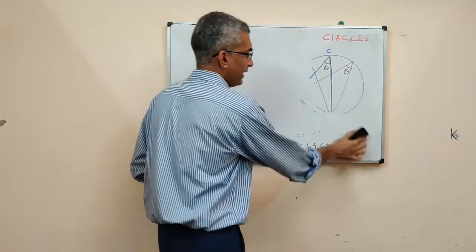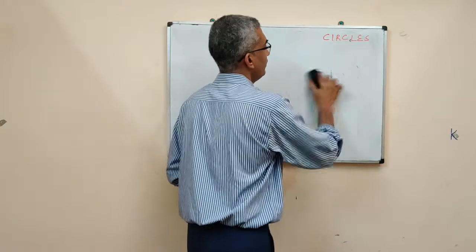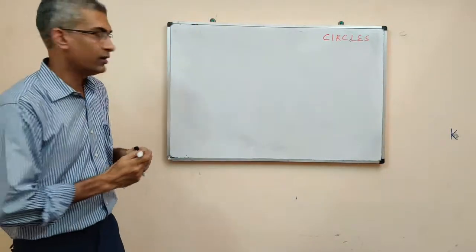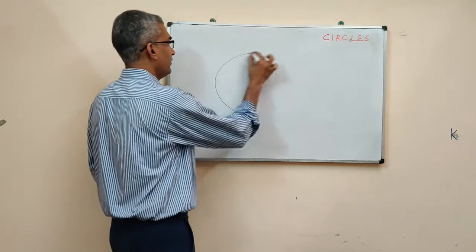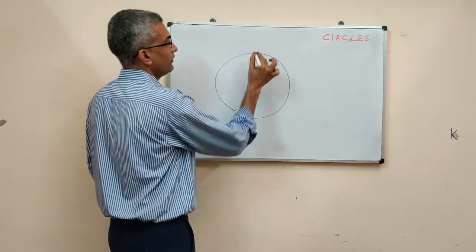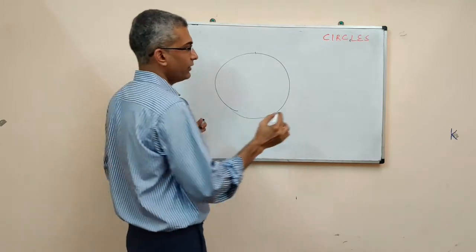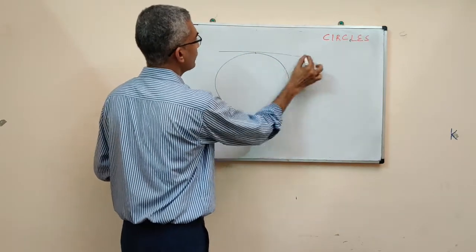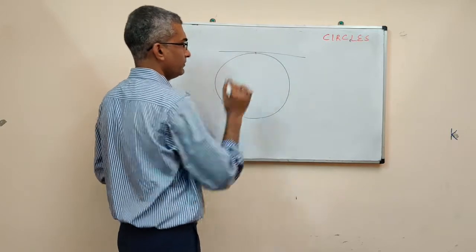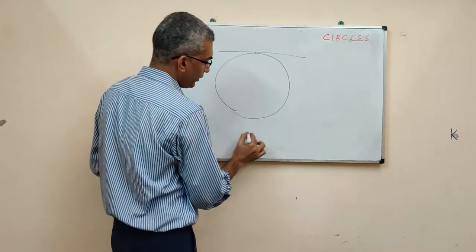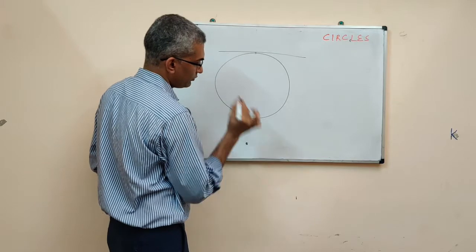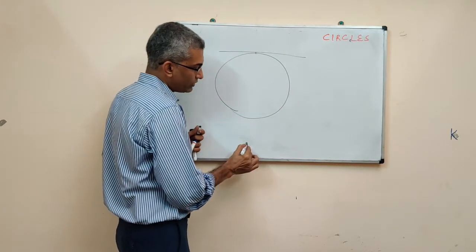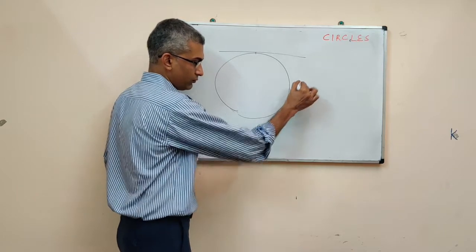Now, another important line with respect to a circle is a tangent. A tangent is a line that touches just one point on a circle. Okay. Now, if you have an external point somewhere here, you can draw two tangents to this circle.